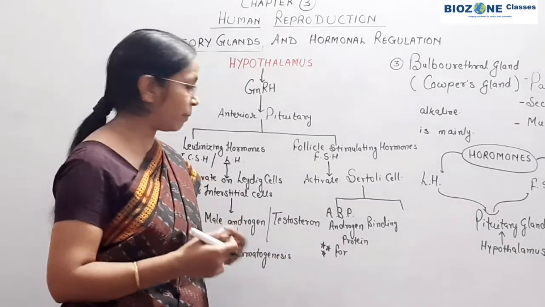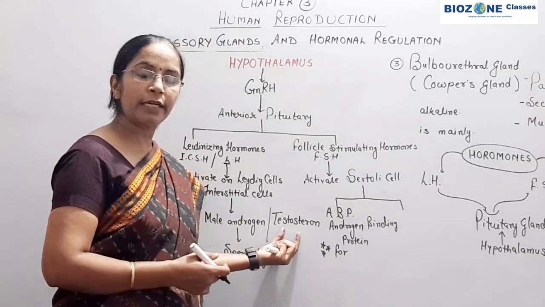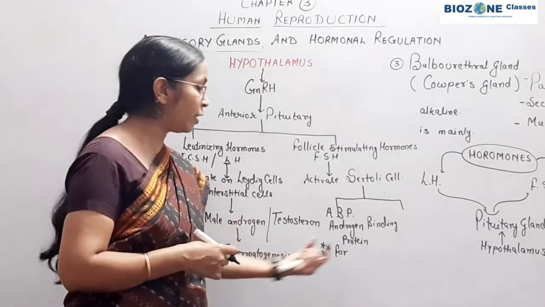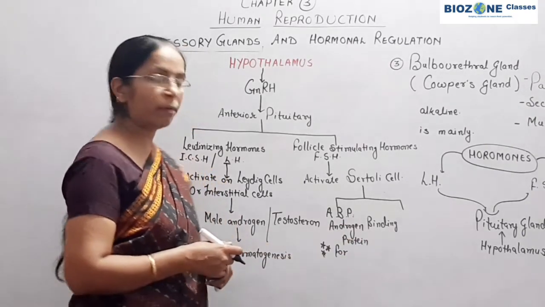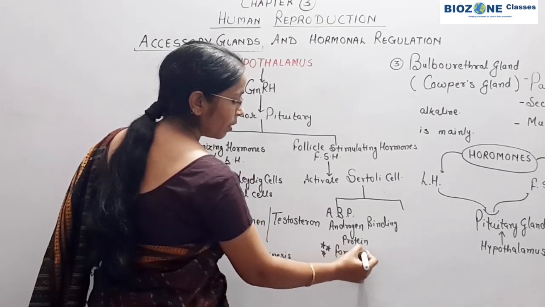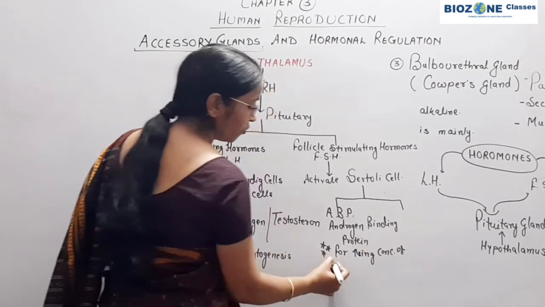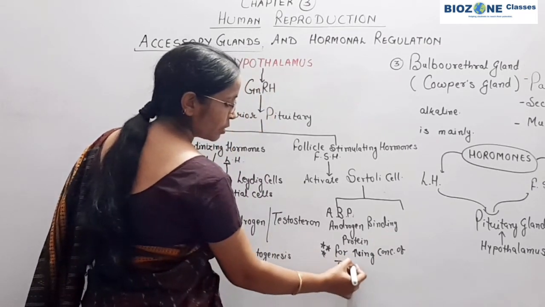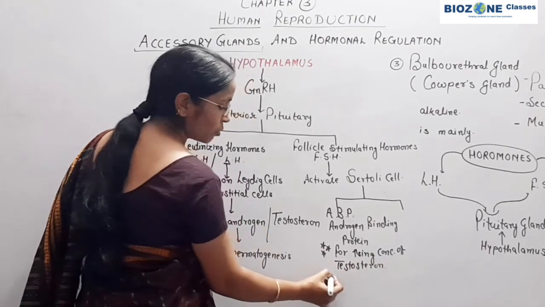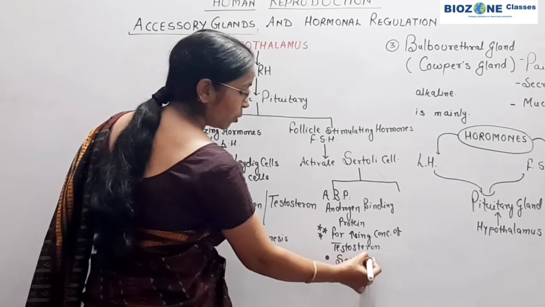So the testosterone becomes more concentrated in the presence of androgen binding protein. So for increasing the concentration of testosterone, as well as for the process of spermiogenesis, this ABP is required.